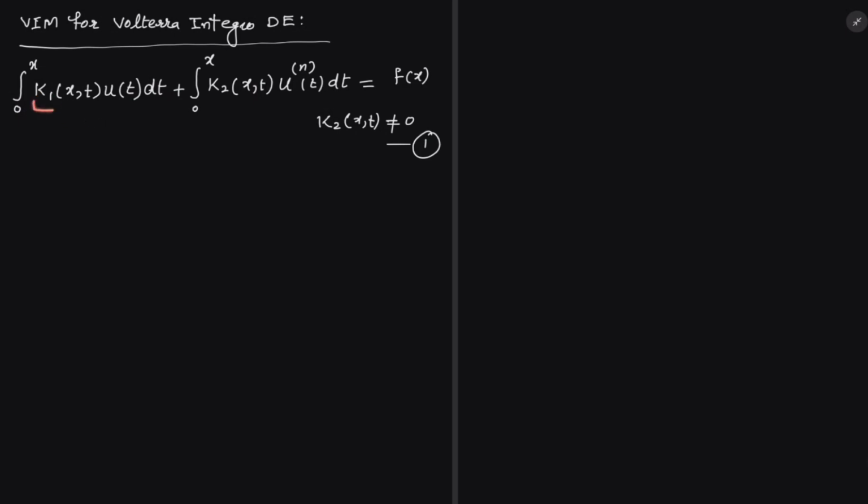Here k1 is the kernel number 1, you may say, for this integration, and this is kernel number 2 for the second integration. Here n is the nth derivative.